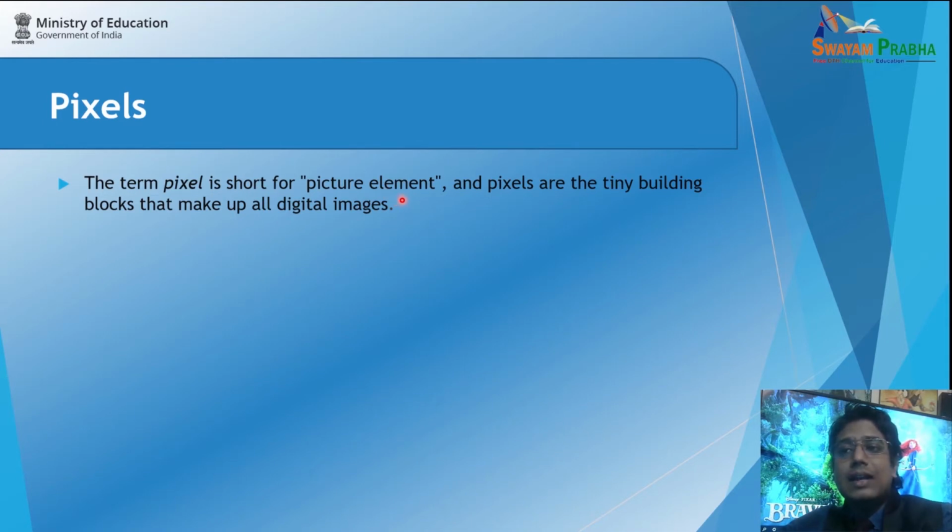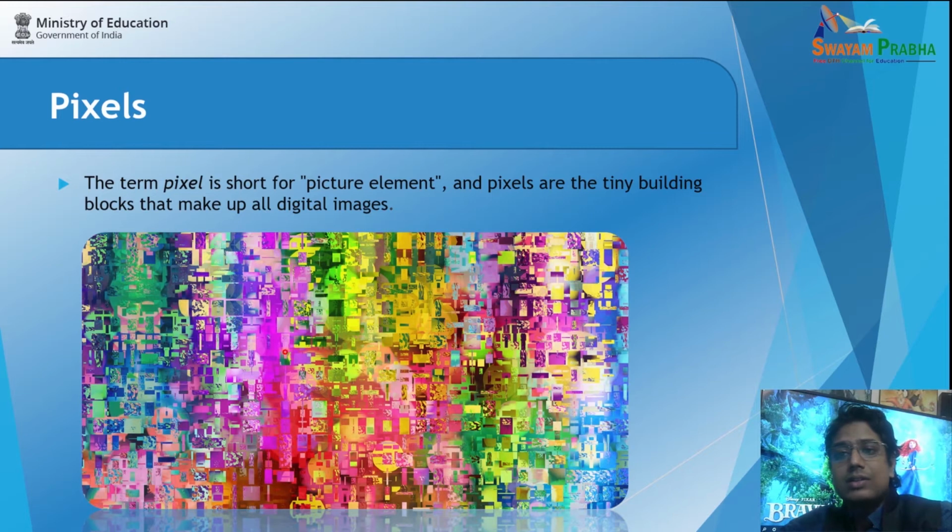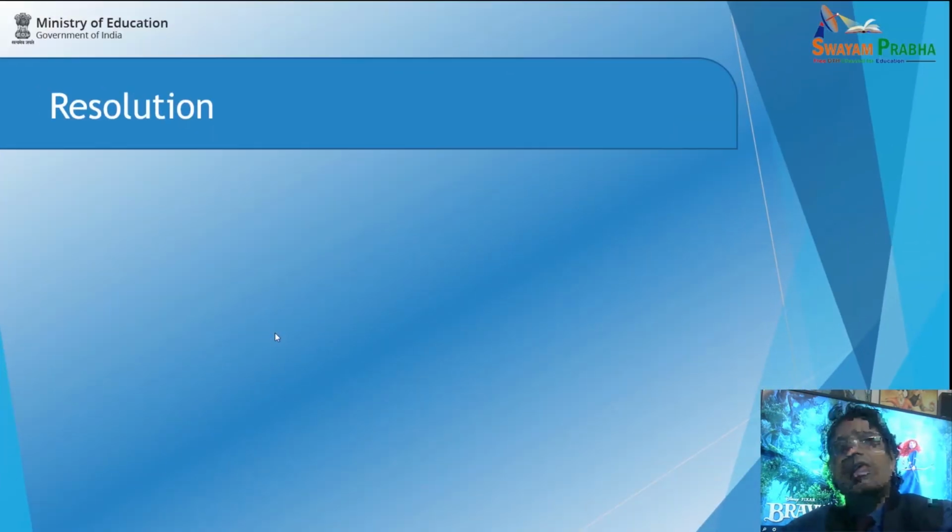Pixels are the tiny building blocks that make up all digital images. Here you can check out some blocks blended together, so we are not able to recognize exactly what this image is. But when we zoom out, we are able to recognize what the image is. So this is about the pixel.